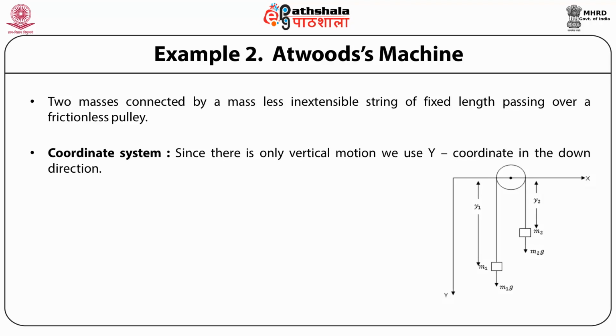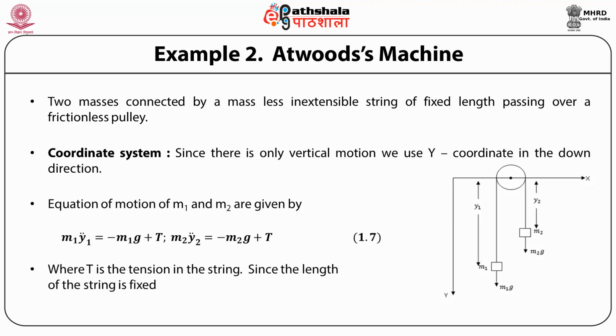Therefore, we can write the equation of motion for the mass M1 as M1 y1 double dot, that is the acceleration of the mass M1, d2 y1 by dt square, is equal to the force acting on it. The force acting on it is a downward force, minus M1 g, plus the tension upwards.